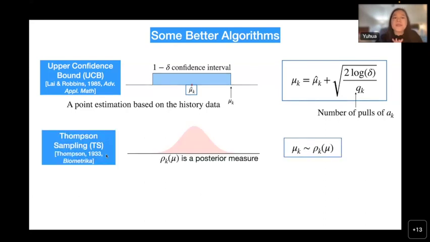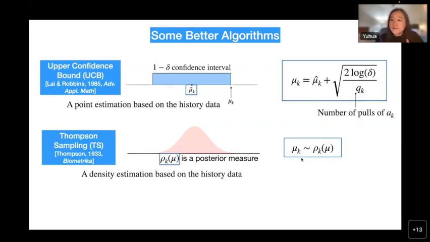Another very popular method is called Thompson sampling. Based on historical data, they construct a density estimate of the expectation. Then they sample an expectation from this posterior measure, and they pull the arm which has the biggest sample from this posterior measure.